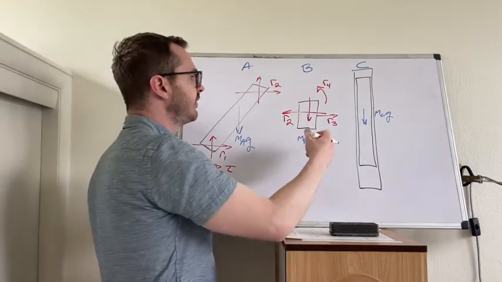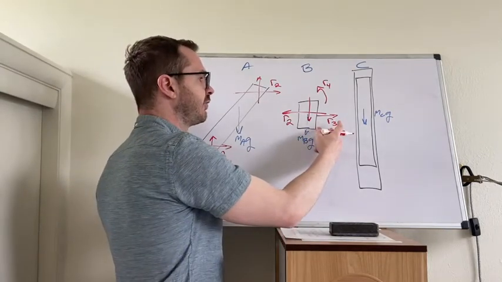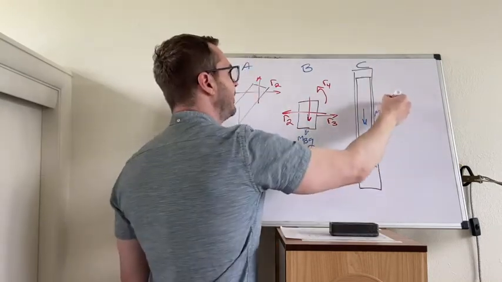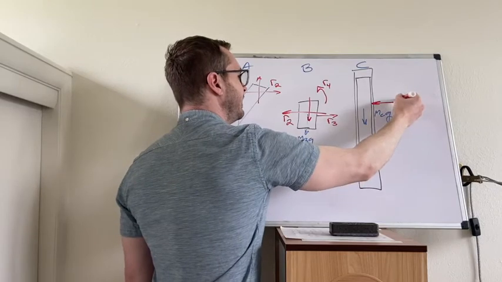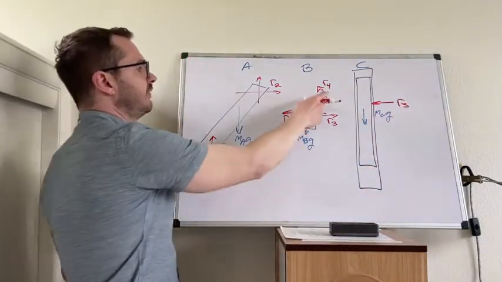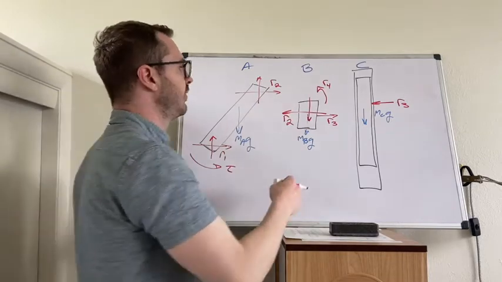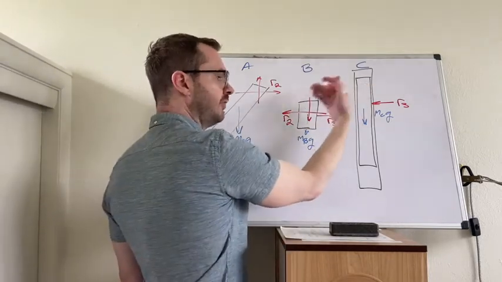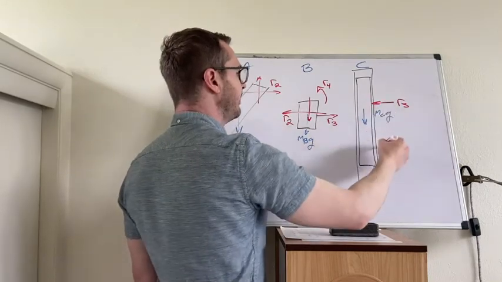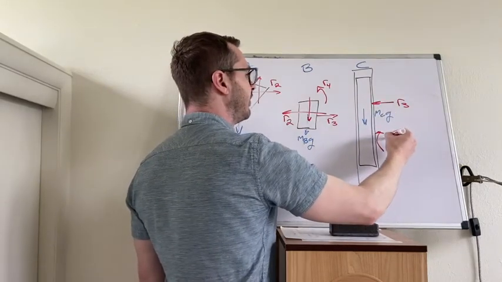Don't forget Newton's third law. Here is R3, and I drew it to the right. That means somewhere acting on this body C, here is R3. Next, there's the reaction moment associated with that groove. I drew a positive moment. That means I need to draw a negative moment on this body. So here's R4.